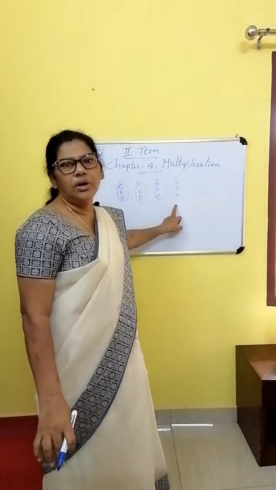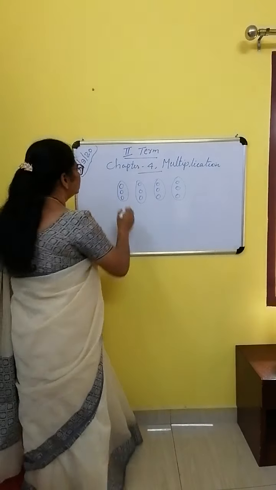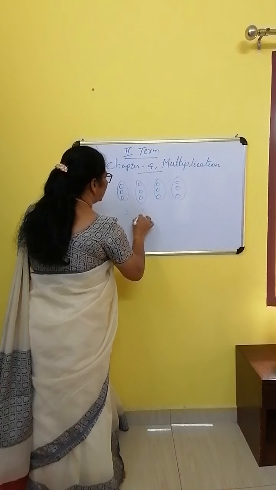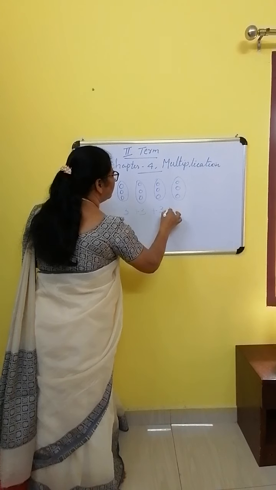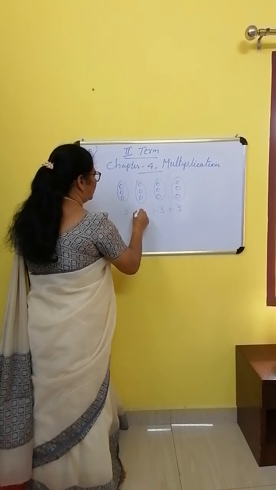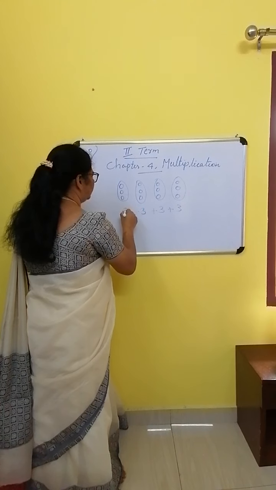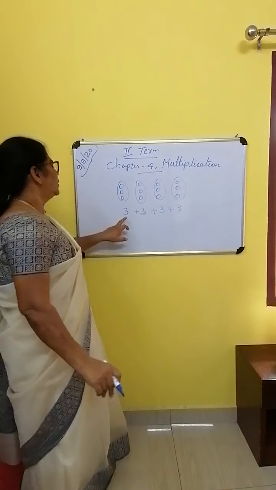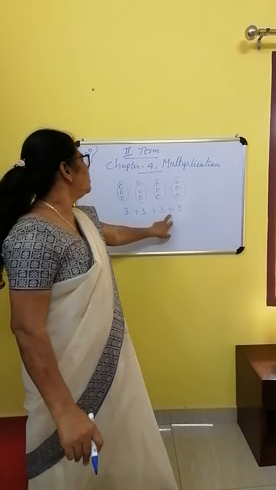Fourth group also 3 objects. Here you can see 3 plus 3 plus 3 plus 3.